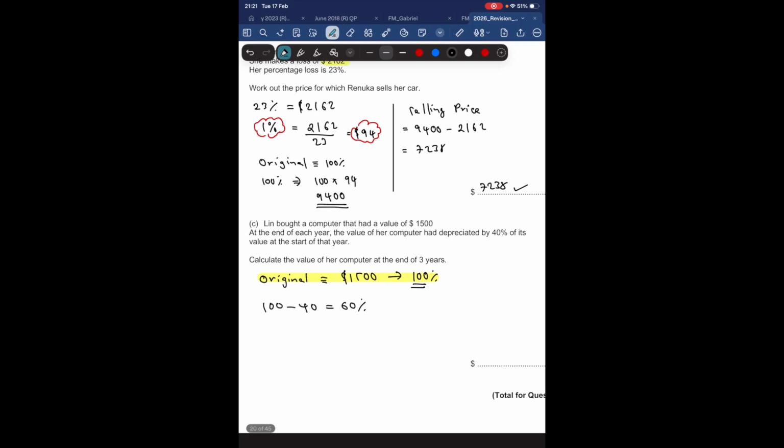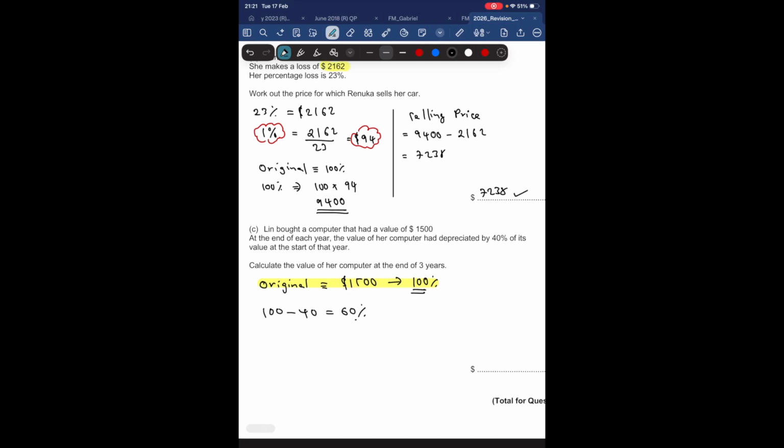Now, what that means is that every year the computer is going to be 60% of its value of the previous year. Now, 60% can be written as a fraction. A percentage is out of 100, so we can write the 60% as 60 over 100. We're going to put that in a bracket. Now, because we are compounding for 3 years, because that's what the question's actually telling us, we're going to raise this bracket to the power of 3, and then we're going to multiply it by the original amount we started with, which was that $1,500.